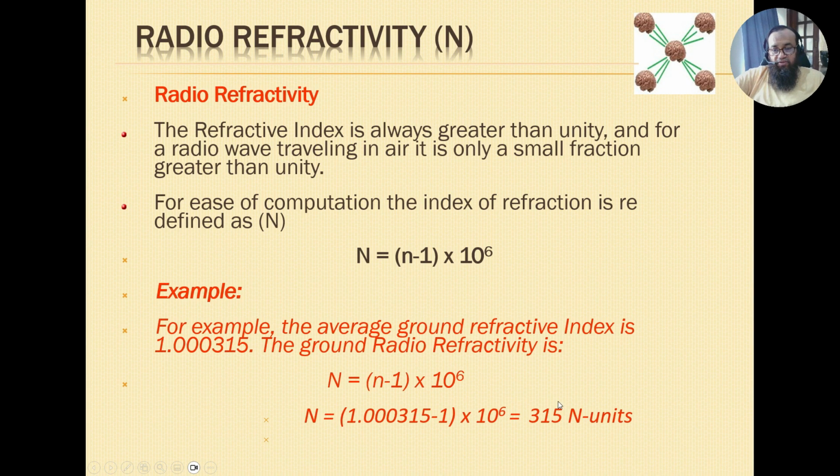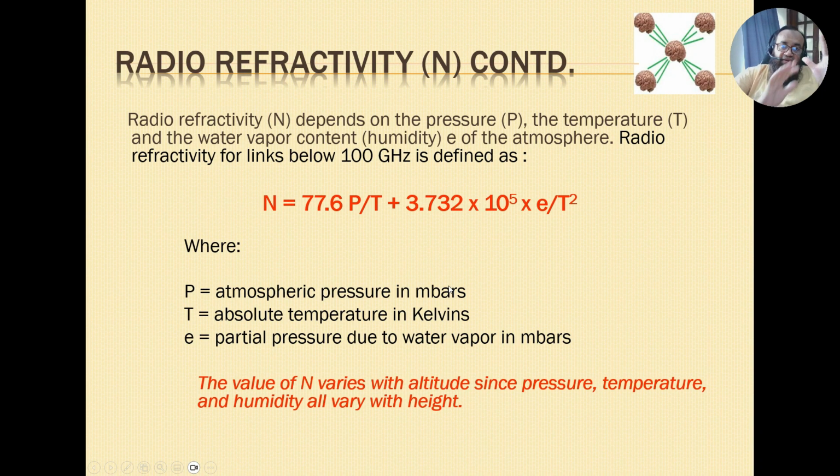N units are nothing by themselves without the refractive index. It's just a way to represent the refractivity index, and that's why it's called radio refractivity. As we talked about in the first lecture as well, I try to keep these connected.